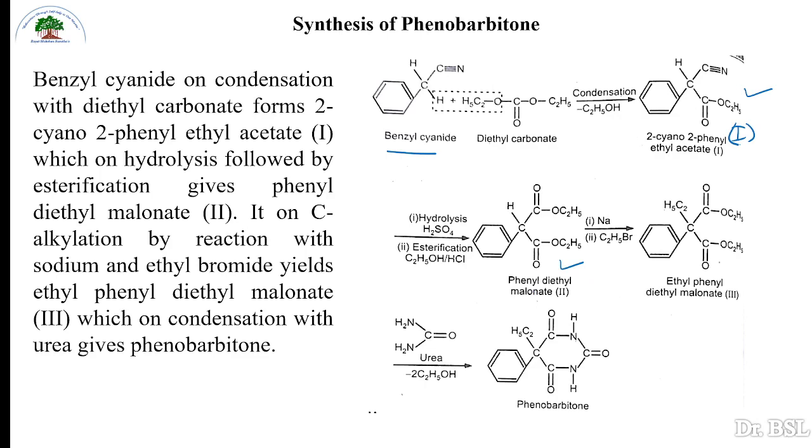And this phenyl diethyl malonate, on C-alkylation in the presence of sodium and ethyl bromide, yields ethyl phenyl diethyl malonate. This ethyl phenyl diethyl malonate reacts with urea, a condensation reaction takes place, and we get phenobarbital.